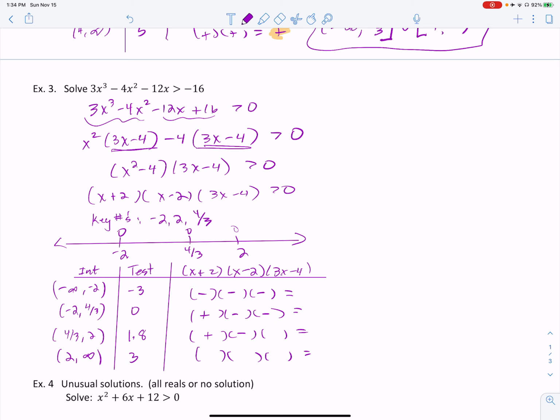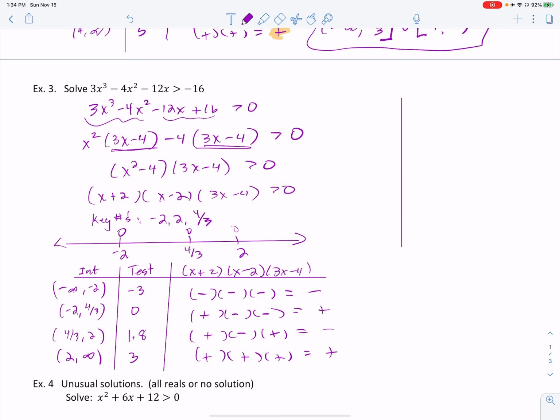And 3 times 1.8 is going to be 5.4, and that's going to end up making that positive. And if I put in 3, I have a positive and a positive. So as I'm multiplying those, I'll end up negative, and then positive.